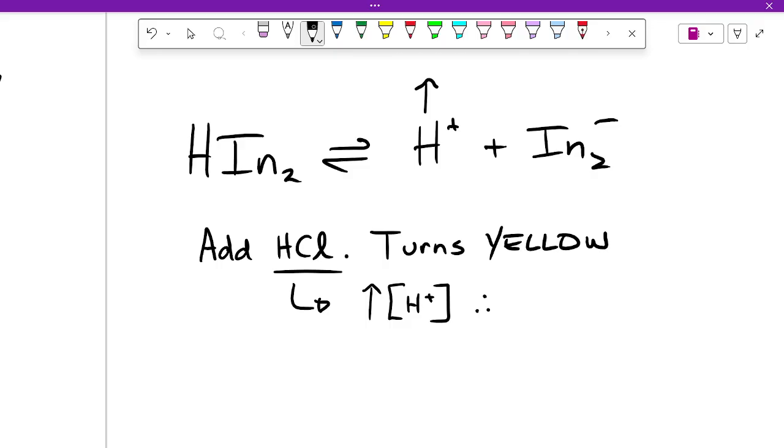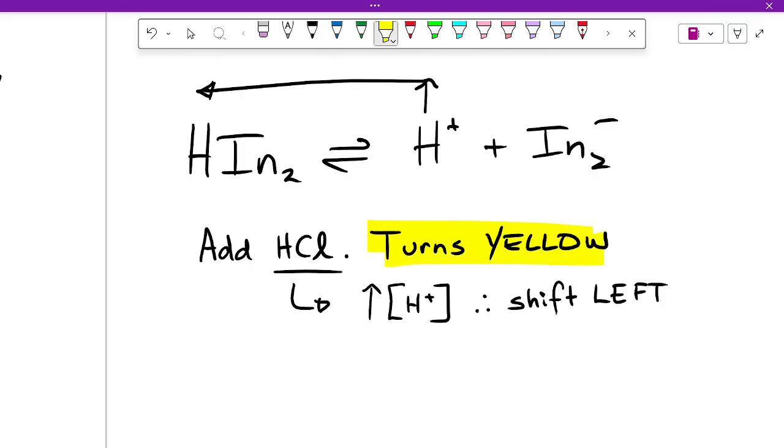Therefore, that equilibrium is going to shift left. So we added HCl and it turned yellow. We added HCl and it shifted left.